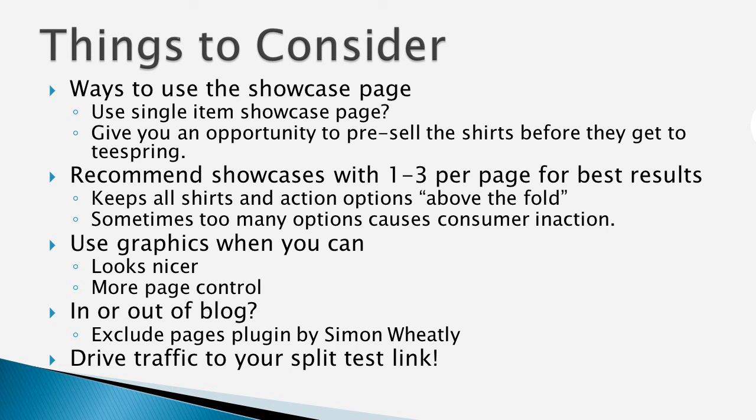Even with a single item showcase page, you'd have an opportunity to build a complete page around that shirt and pre-sell them on that shirt before they even got to Teespring, where you're limited to 300 characters or something like that. So think about different ways that you might want to use that showcase page.